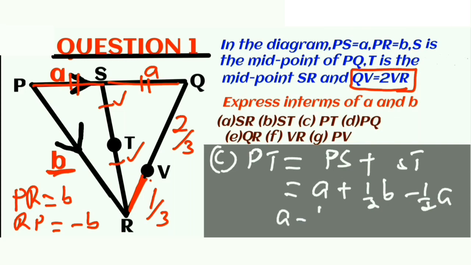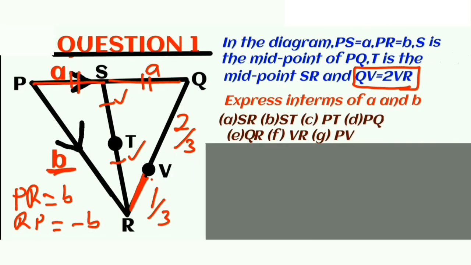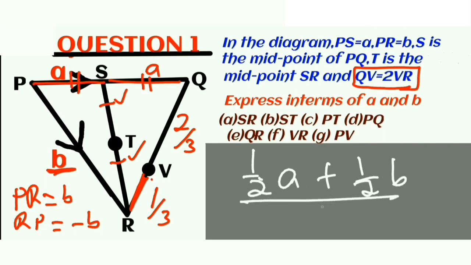A minus half A plus half B. So the final answer equals half A plus half B. So this is PT.